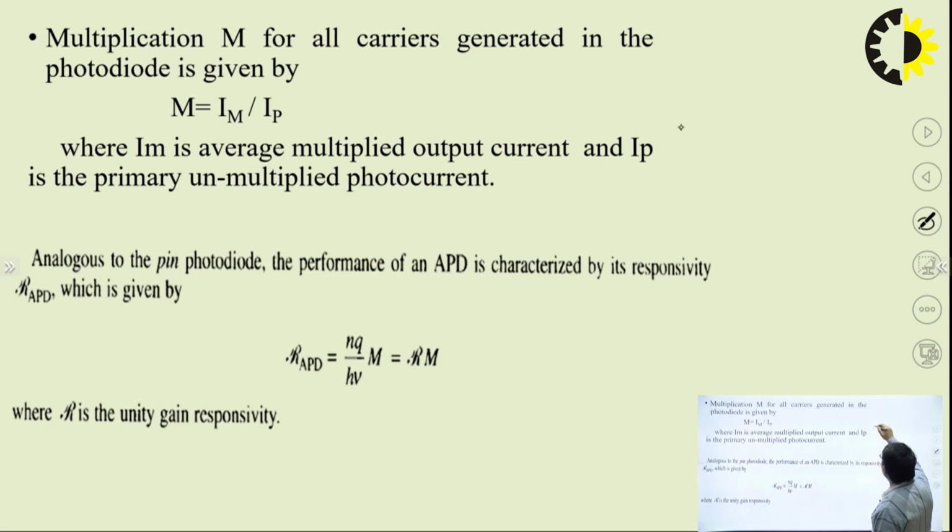In the case of APD, what we get is internal gain.